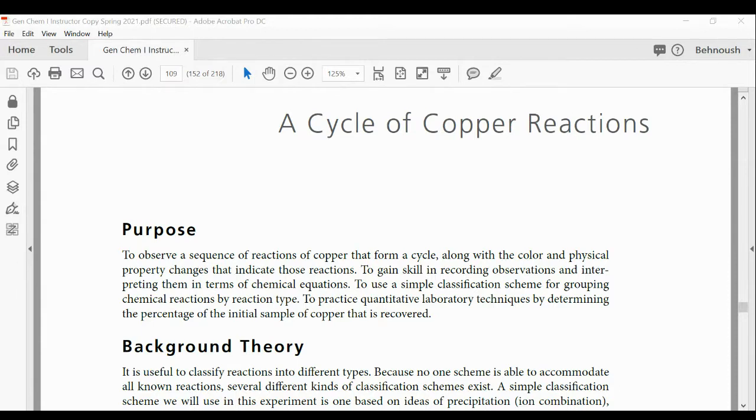Experiment 10 Prelab. Hold on. Let me go to the course. Okay. So if you look in the home page folder for experiment 10, the Prelab is not there.